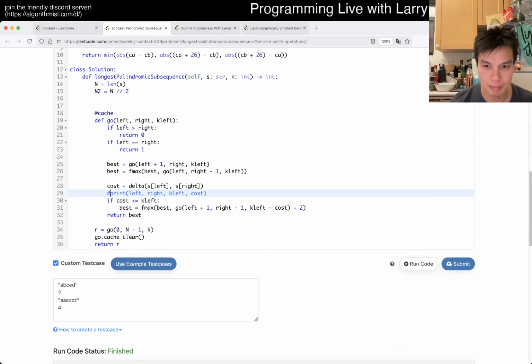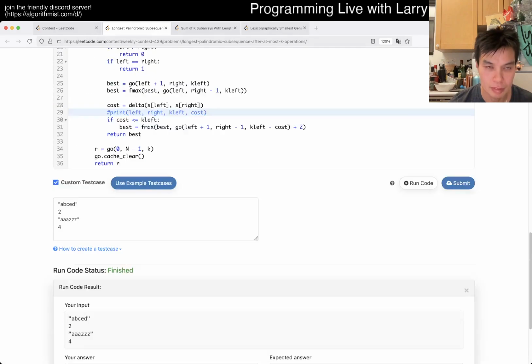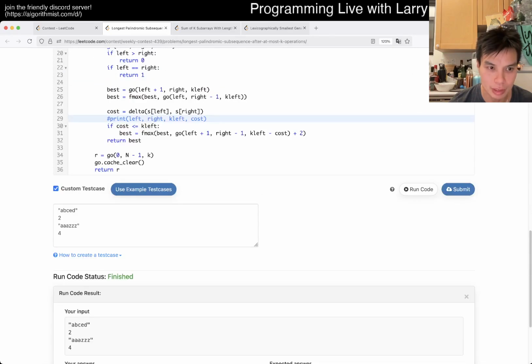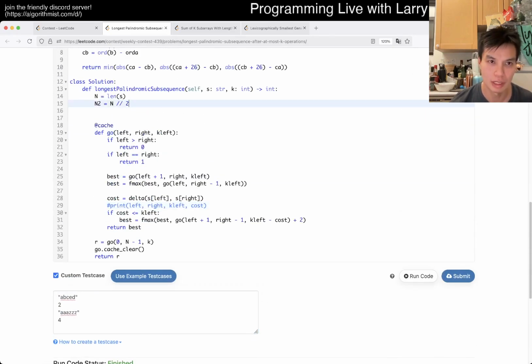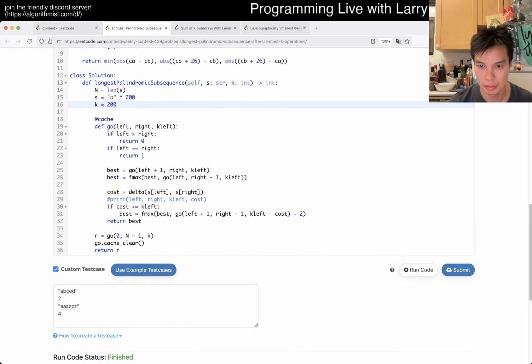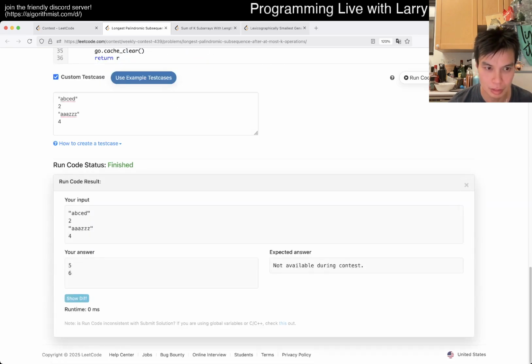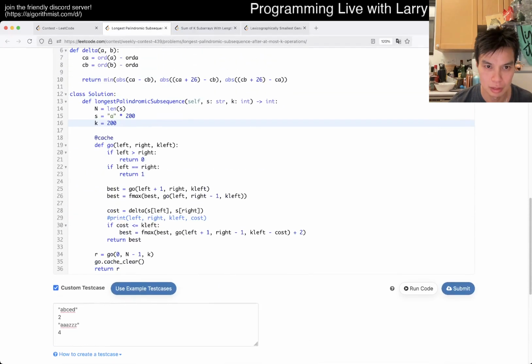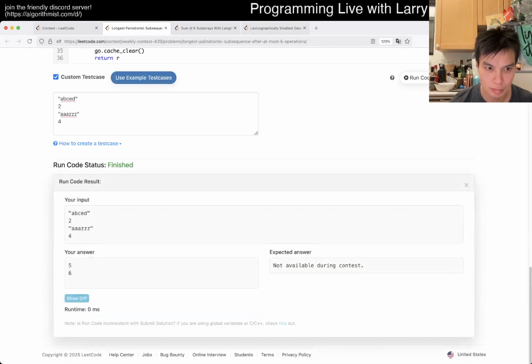6.3, alright. Oh, 3.6. I don't know if this is fast enough, honestly. What is this complexity? That's faster than I expected, honestly. Yeah, okay.